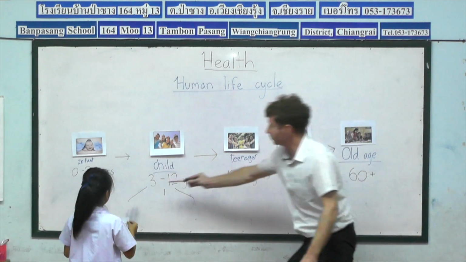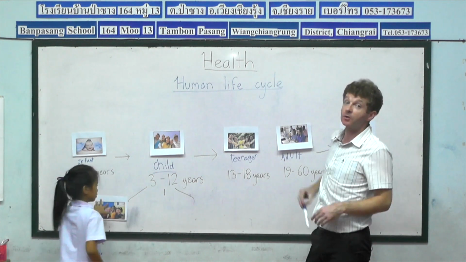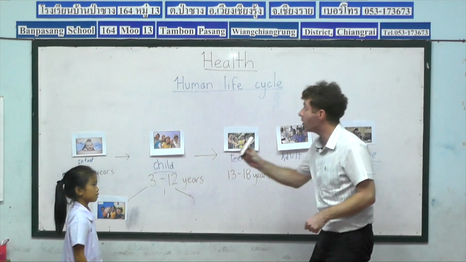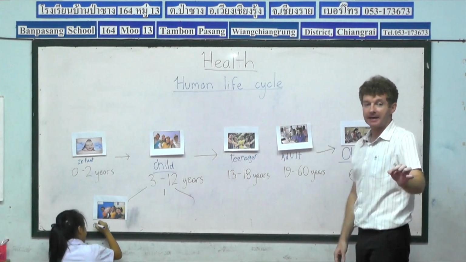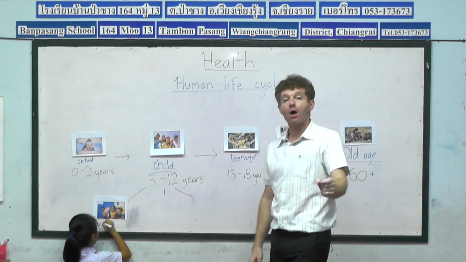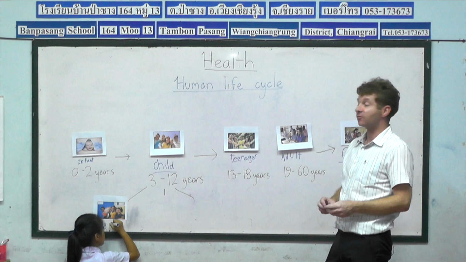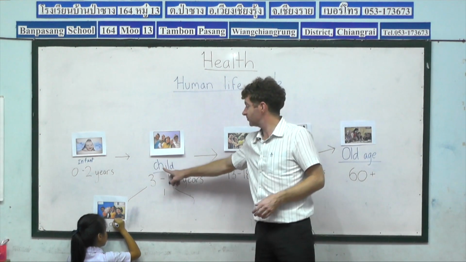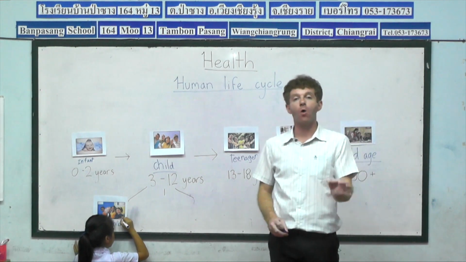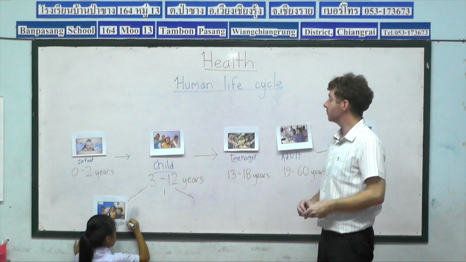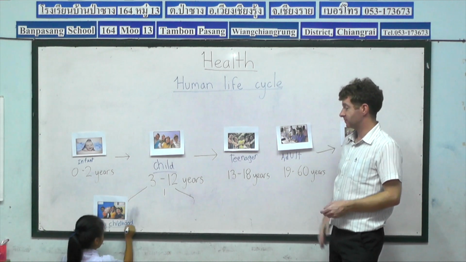So Prau, can you place it in the first category here? Perfect. And then we're going to ask Prau to write early childhood. Thank you. Early, E-A-R-L-Y. And then childhood, C-H-I-L-D-H-O-O-D. Perfect. Prau, that's excellent.